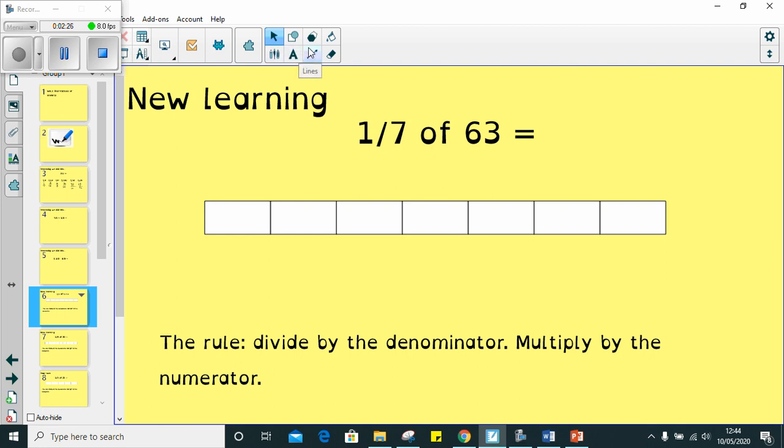So we need to divide 63 by 7. Those that know their 7 times table will know that it's 9. If you're unsure, you'll have to count through with your 7s or divide 63 by 7 and do it that way. So I would put 9 in each one of my boxes.